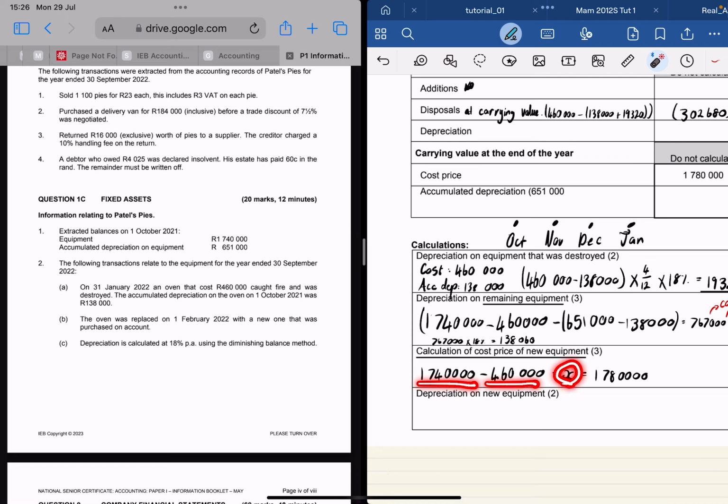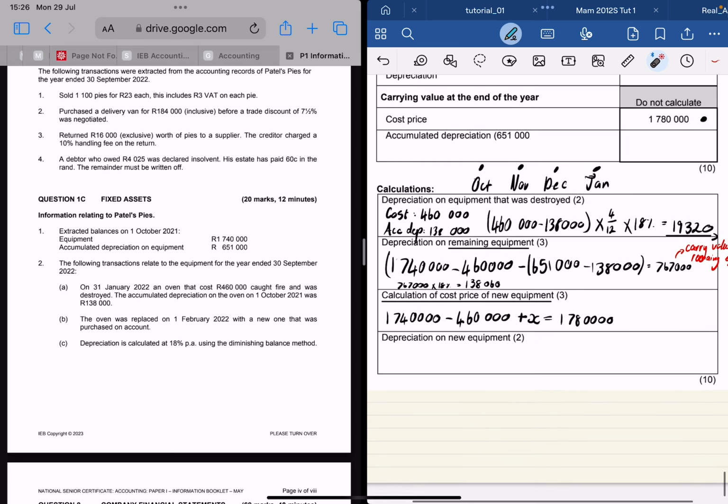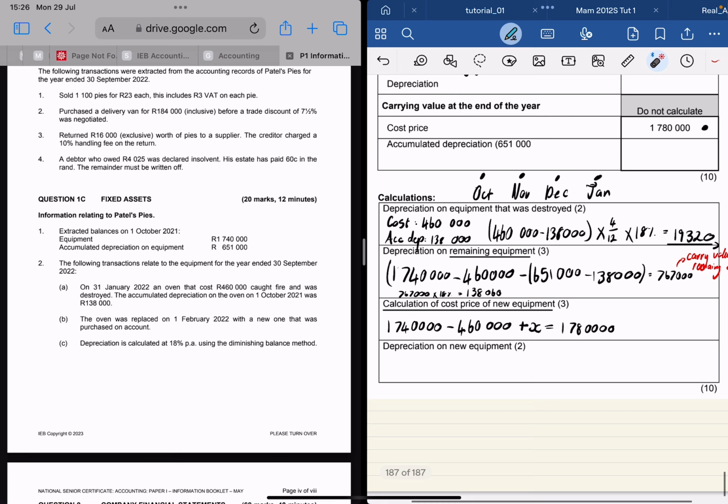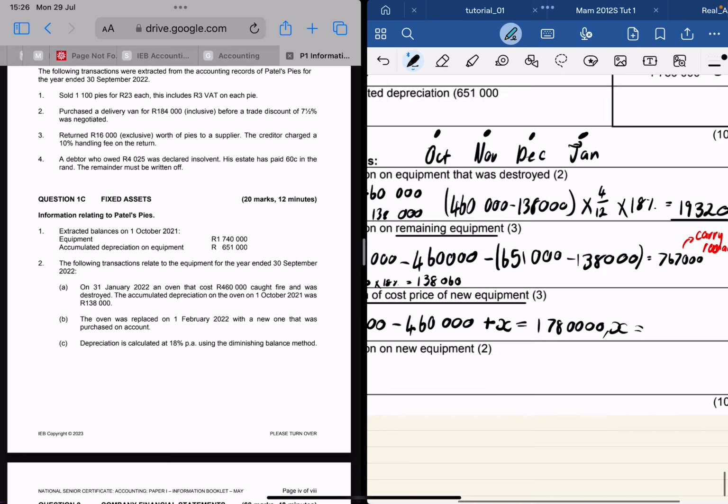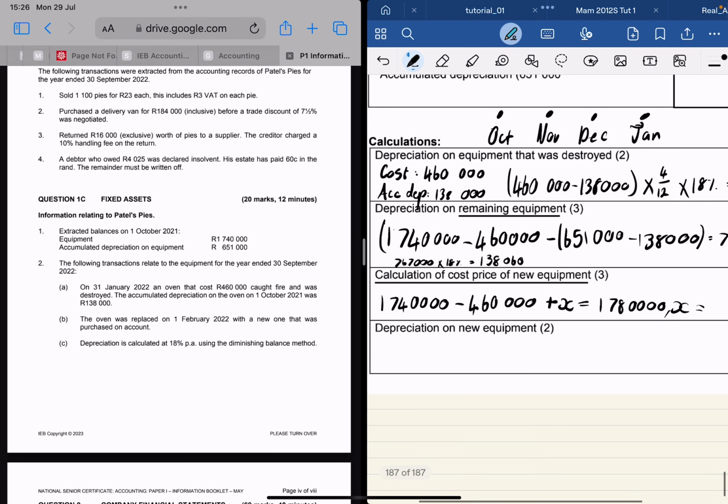We don't know that value, but we know we bought this. And then this is how much we have at the end of the year. So all we need to do is solve it in your calculator or do it like a regular equation. Then we get that X is equal to, let me just do it on my calculator, 1.74 million, and so on. X should be 500,000. Let me just make double sure.